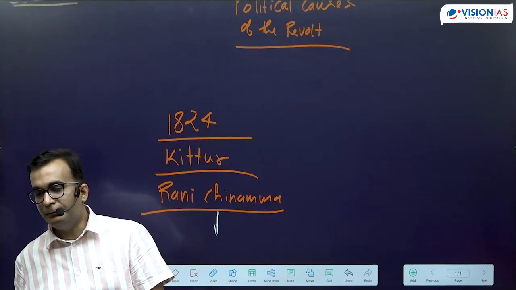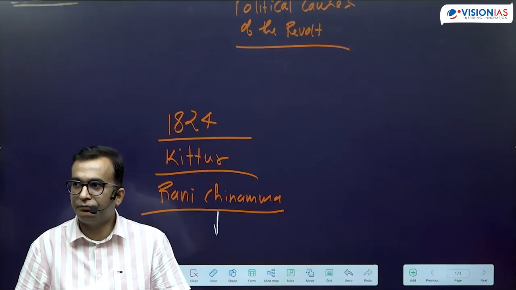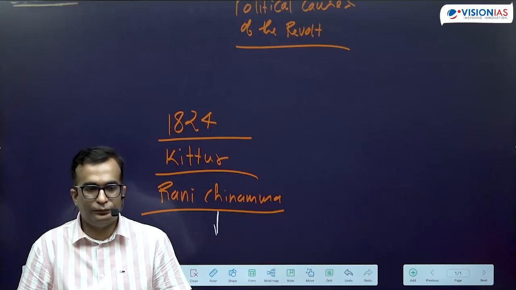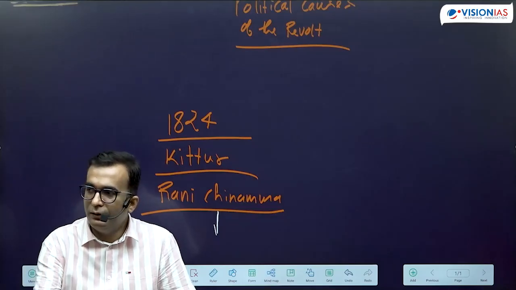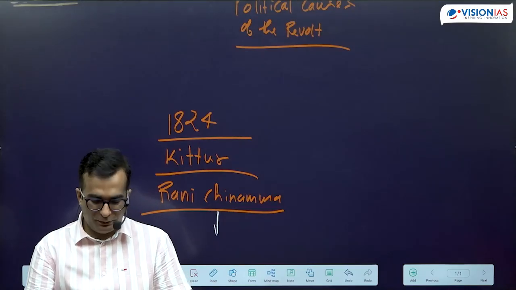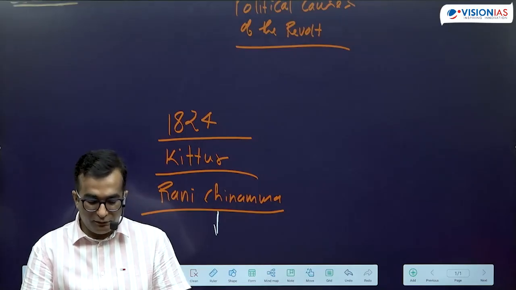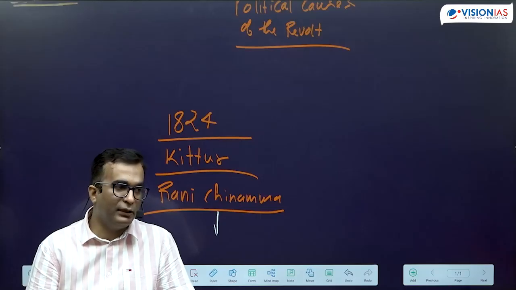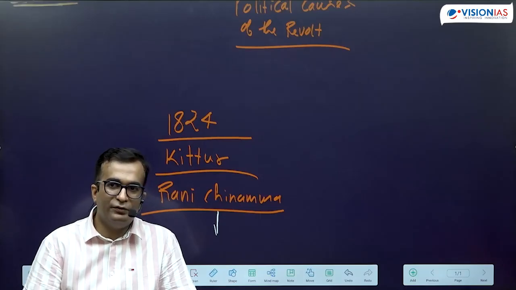For example, Cornwallis came up with the policy of effective control. Underline this, okay? Policy of effective control.